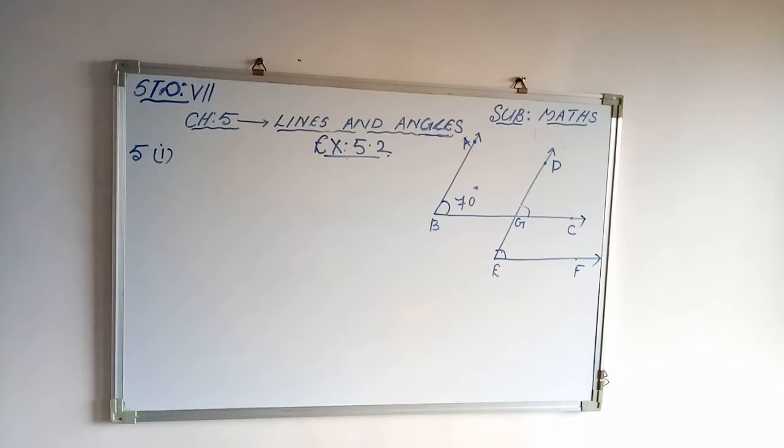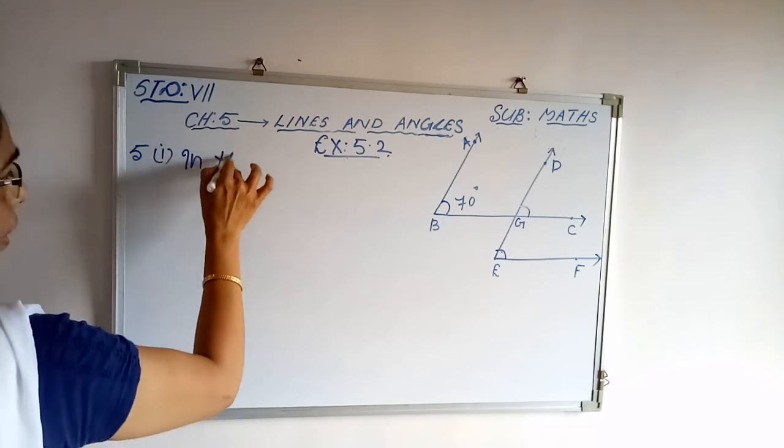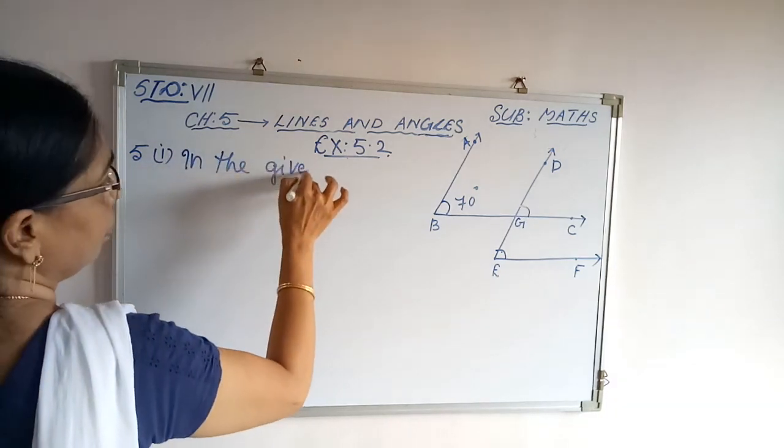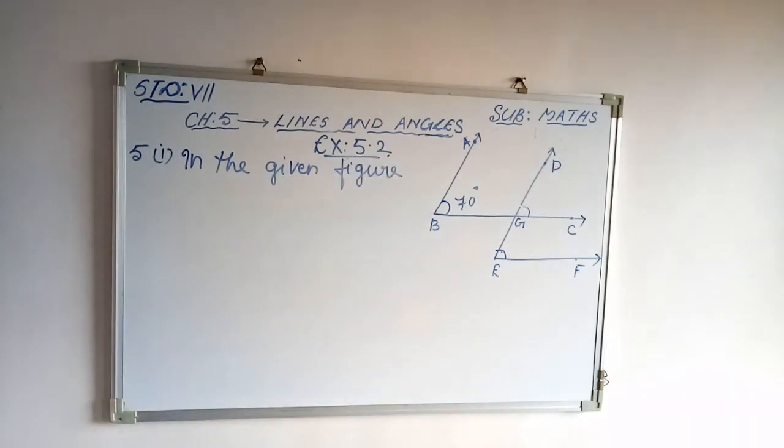Now listen. It's a given figure. So in this figure, we know that what is given. In the given figure, we can write AB parallel to DE and BC is the transversal, isn't it?